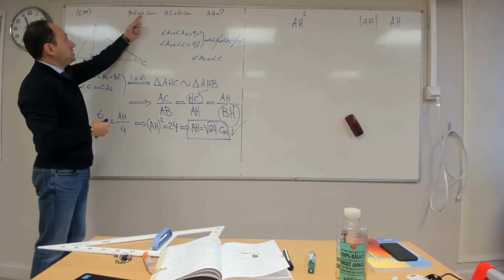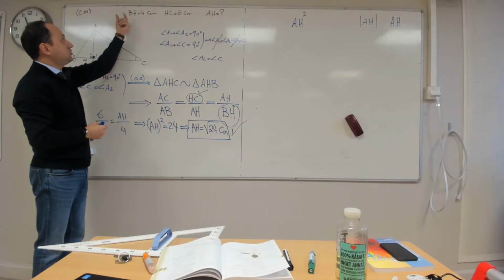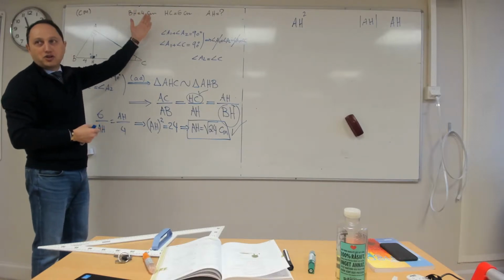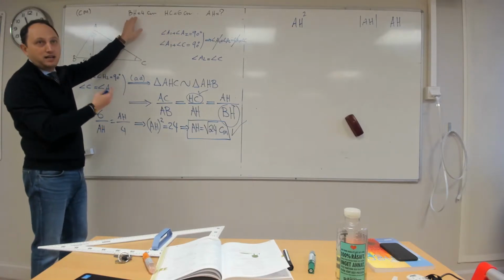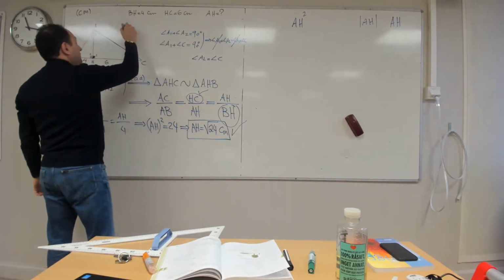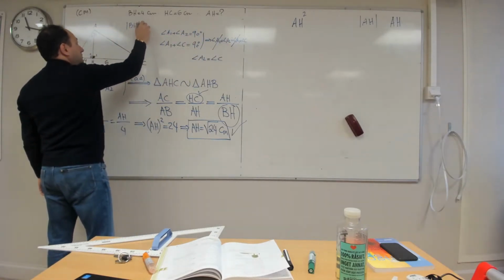When I say BH is equal to 4, it's a little bit strange because this geometric object is equal to a number. This doesn't make sense. But this is not hard to understand. We mean the length of BH. In principle, if you want to follow that, you have to write BH equal to 4.